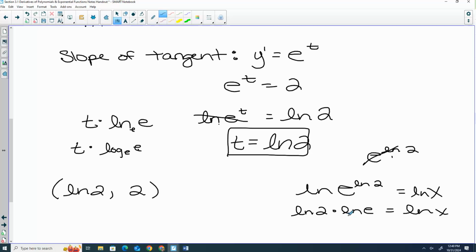The natural log of e cancels, so you have the natural log of 2 equals the natural log of x. So x equals 2. That's the reasoning we gave back when we used that property.